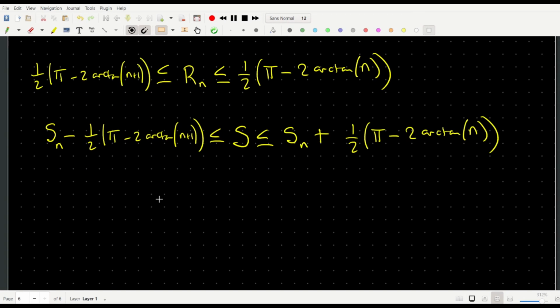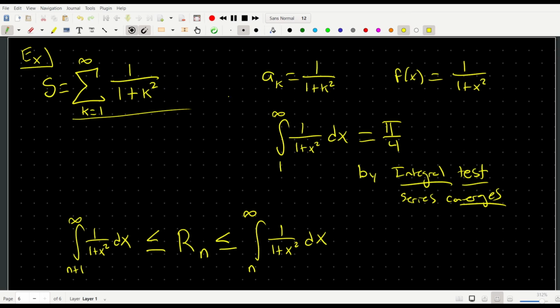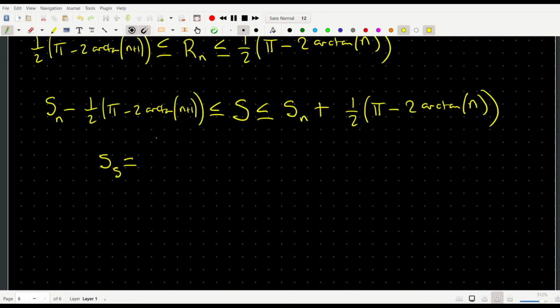So, practically speaking, let's just say we take the first 5 terms in the partial sum. So we calculate S5, which is the sum of these first 5 terms: 1 over 1 plus 1 squared plus 1 over 1 plus 2 squared plus 1 over 1 plus 3 squared up to 1 over 1 plus 5 squared.